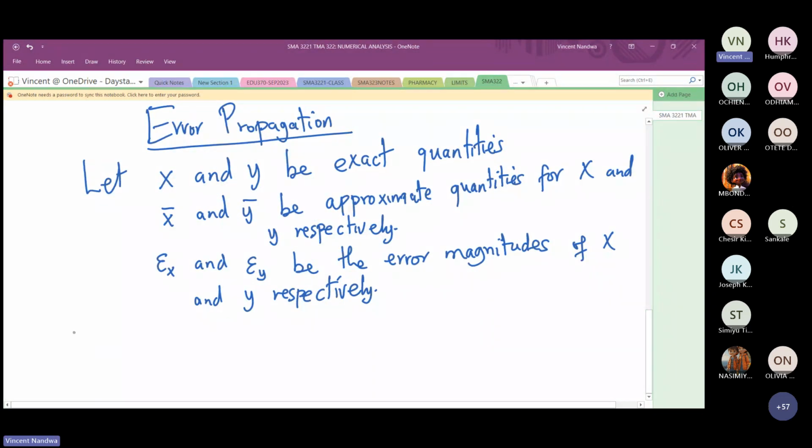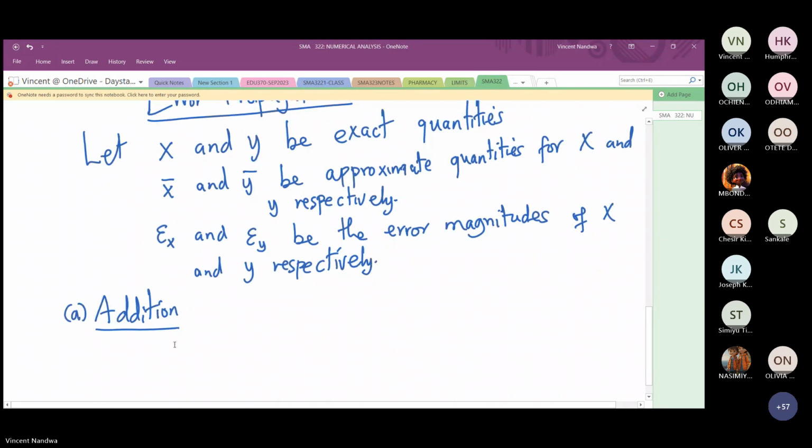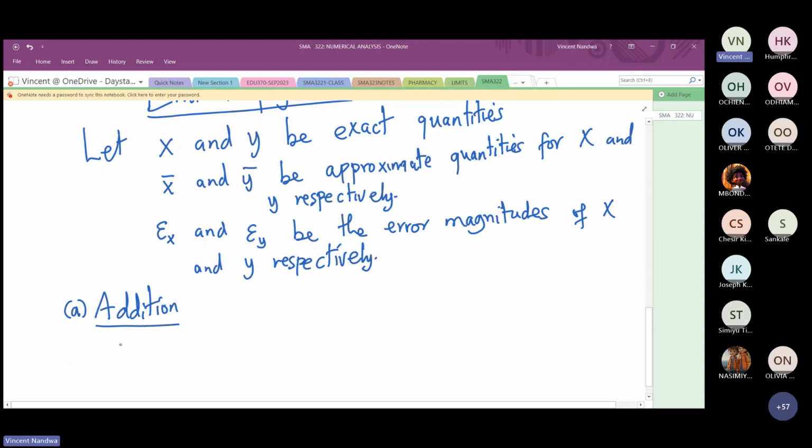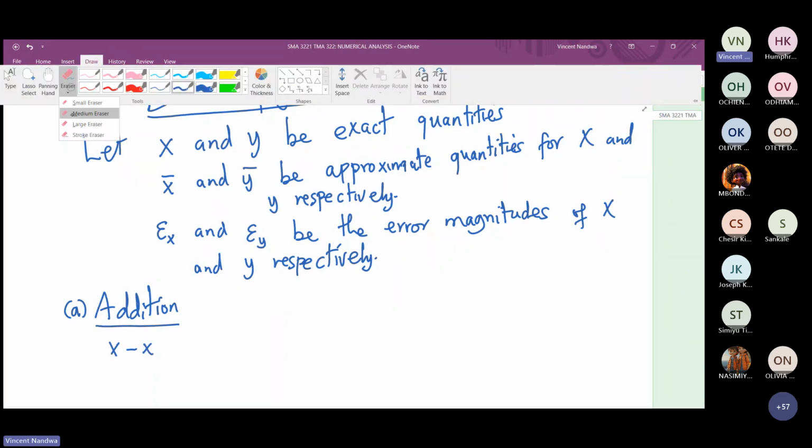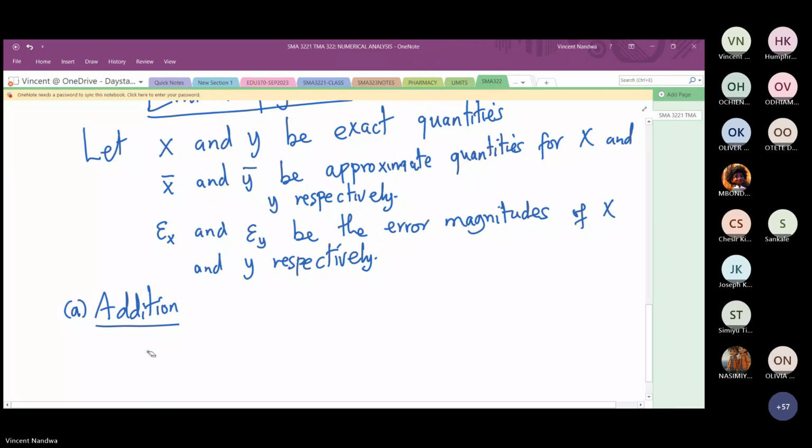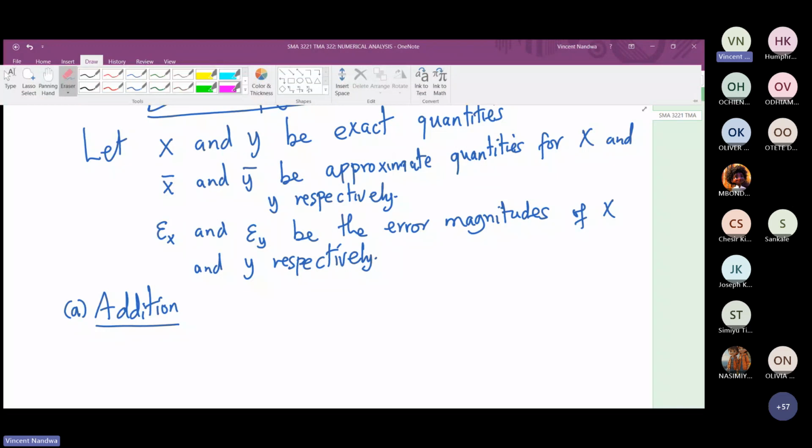So the first operation, addition. Let me put it in form of a question. How do we relate X, X bar and epsilon X?